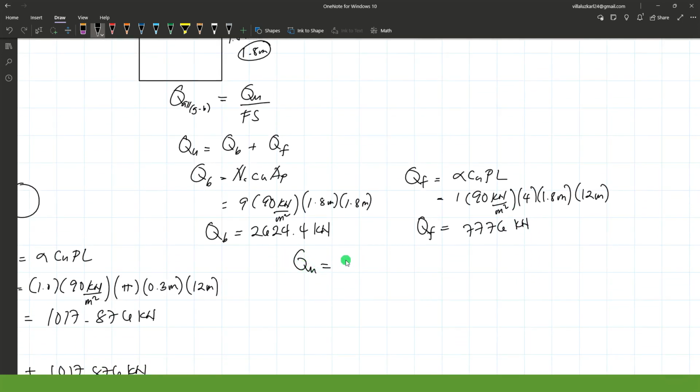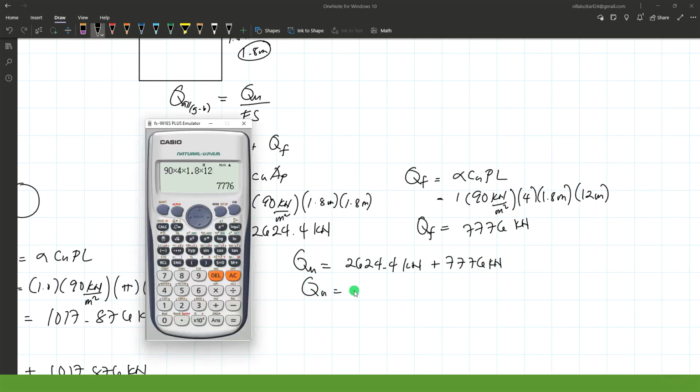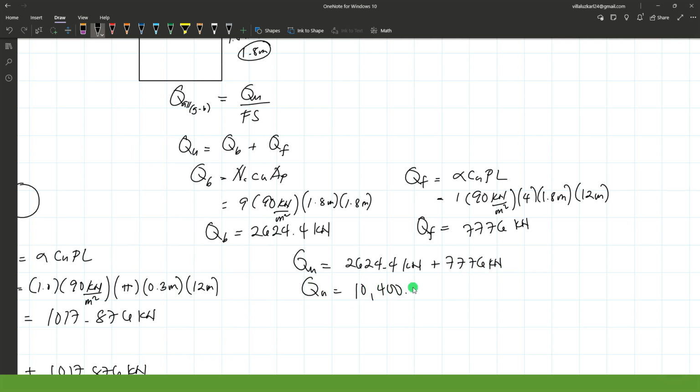So QU is equal to 2624.4 kilonewtons plus 7,776 kilonewtons, which equals 10,400.4 kilonewtons.